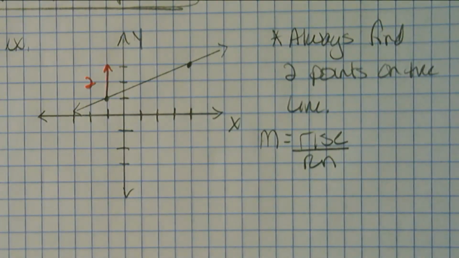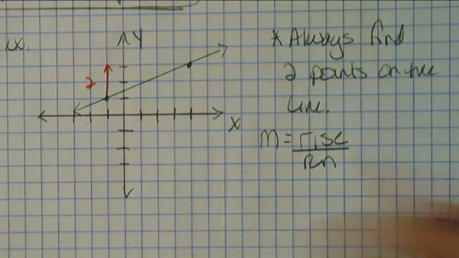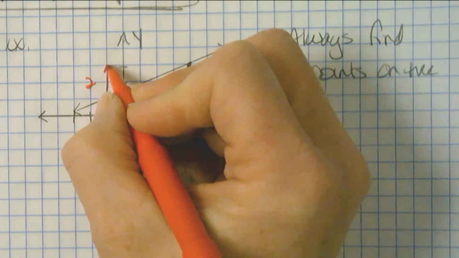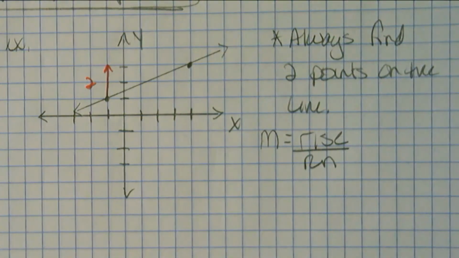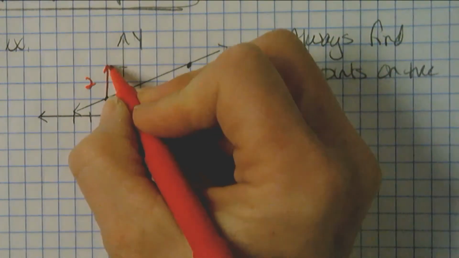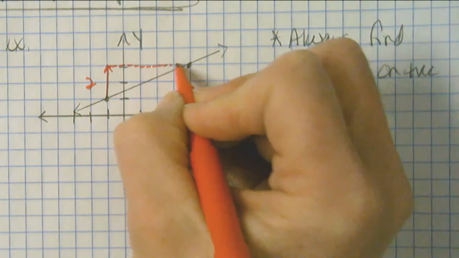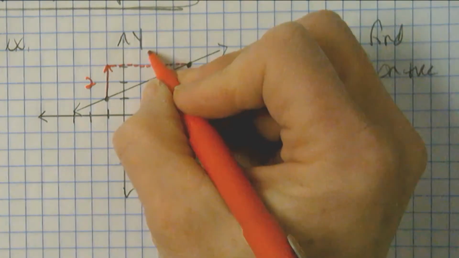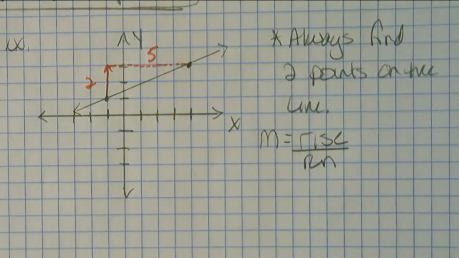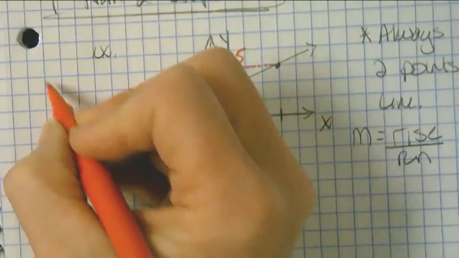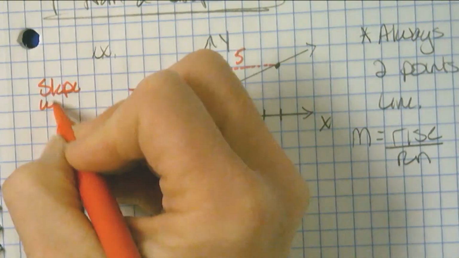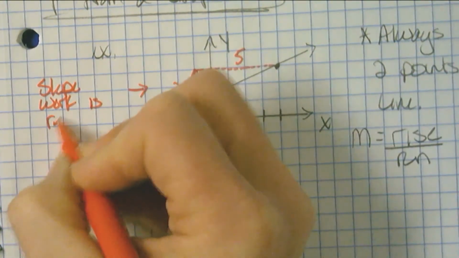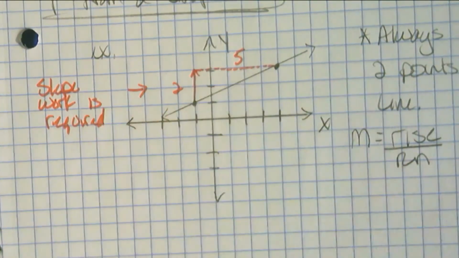If you want to do arrows, that's fine with me. If you just want to do these dotted lines, and then how many am I going right? Peter? 5. So if you want to do this dotted line, that's fine with me as well. 5. All right, that is slope work that is required. That's doing your subtraction.